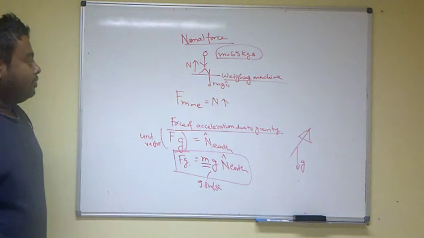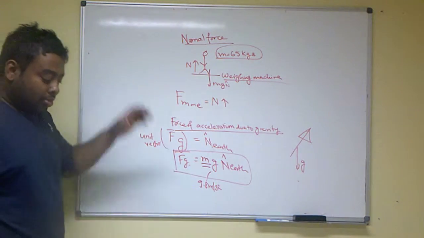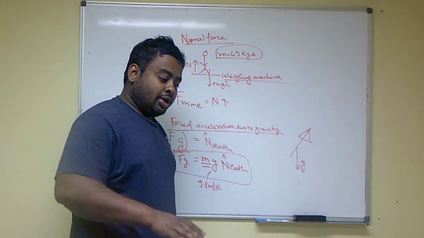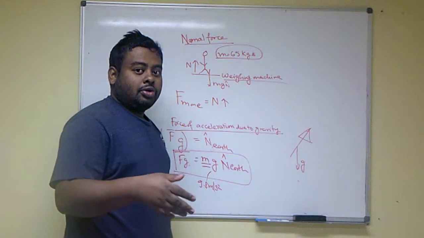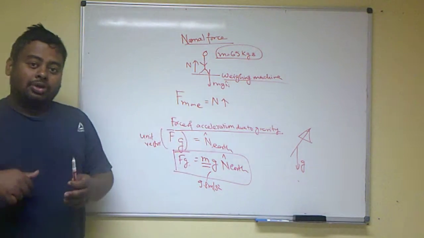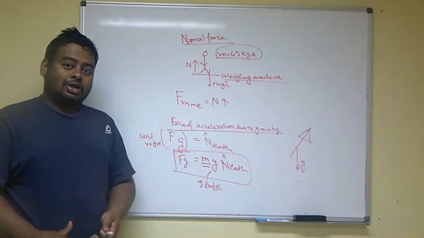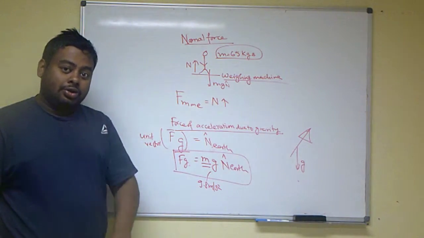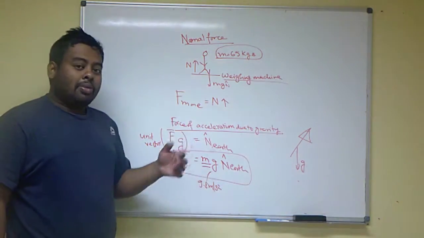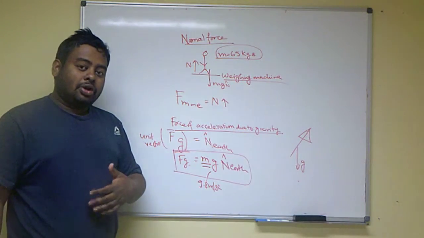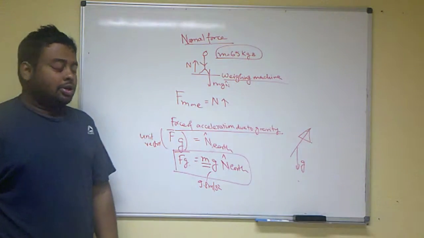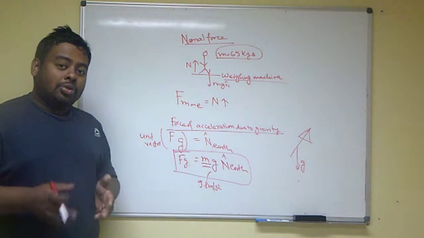Okay, so we learned about the normal force. If I am standing on the floor of my house, then the normal force which I am exerting on the floor is actually acting towards me. I don't know the magnitude yet, but the direction will be towards me. And due to my mass, there will be a force due to acceleration due to gravity, which will be acting downwards. I know how much that will be.